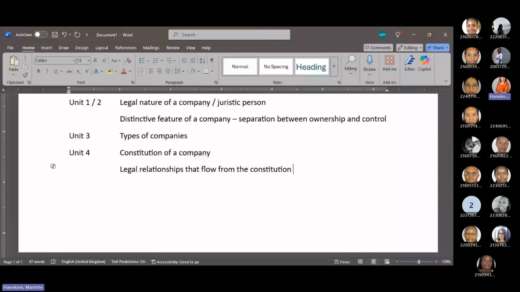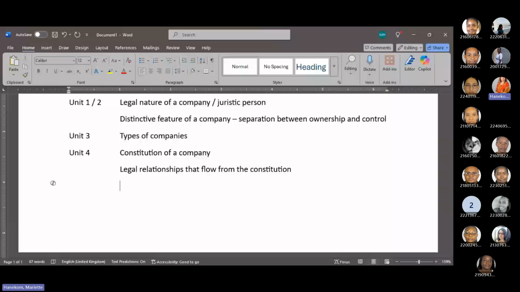How does this contract come into existence? Remember, I pointed out to you that it is only signed upon incorporation, when the company is registered.